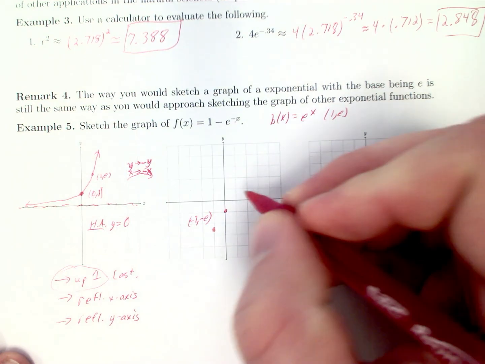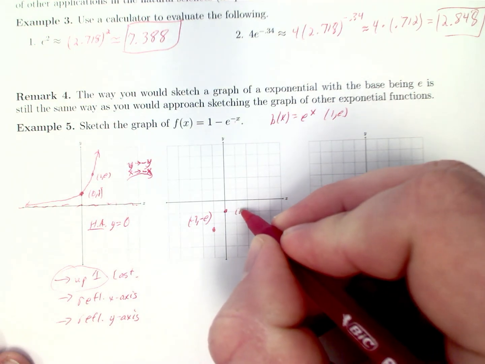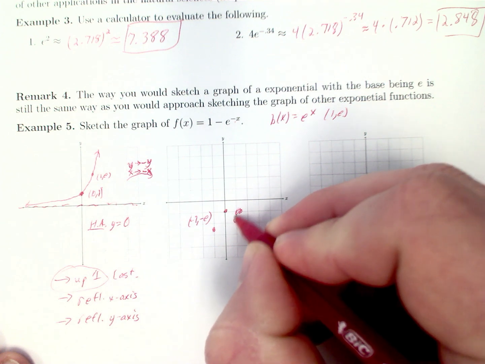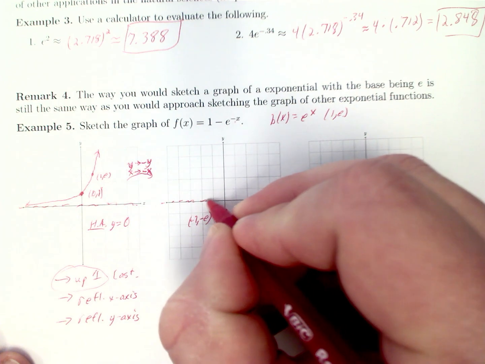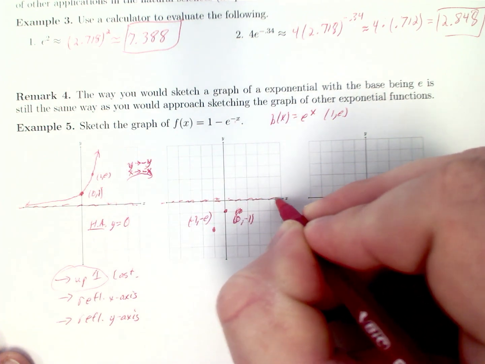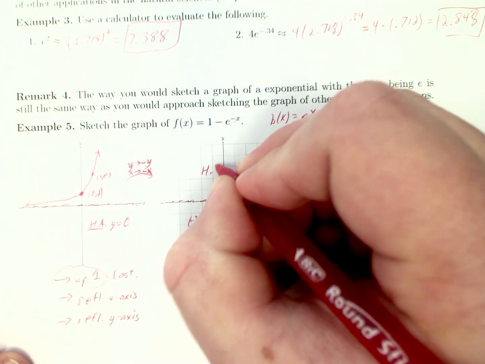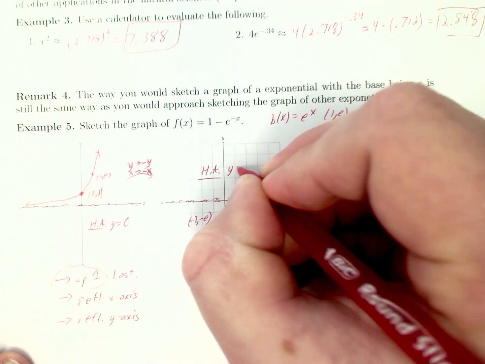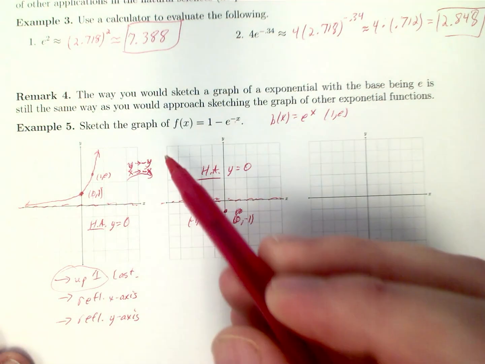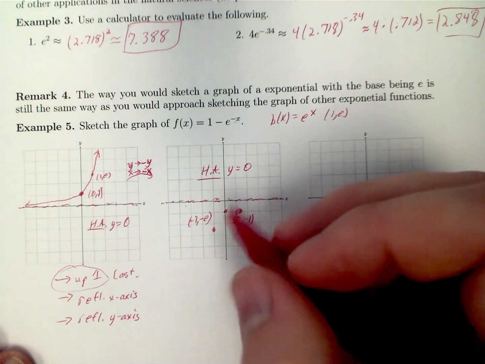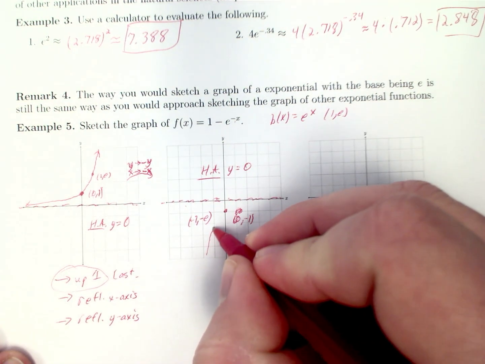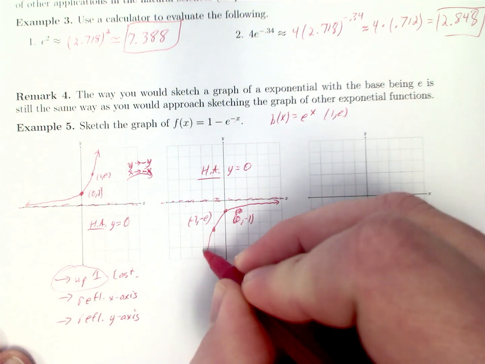Probably could have put it further up. And then 0, negative 1, and then we still have the horizontal asymptote of y equals 0. So we get this.